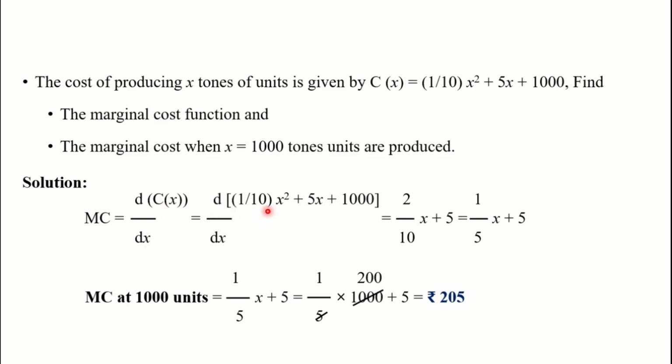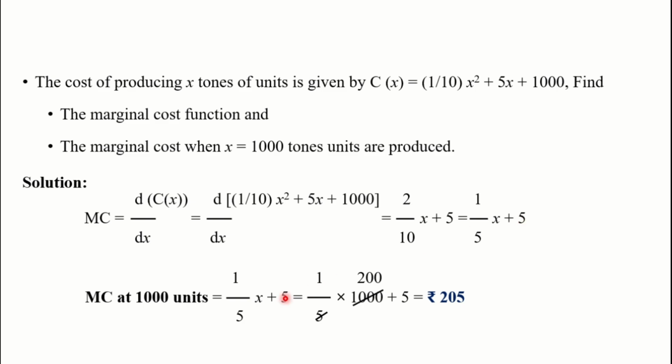The cost function is 1/10 x square plus 5x plus 1000. The derivative of 1/10 x square is 2/10 x, plus the derivative of 5x is 5, and the derivative of 1000 is 0. Means marginal cost is 1/5 x plus 5.